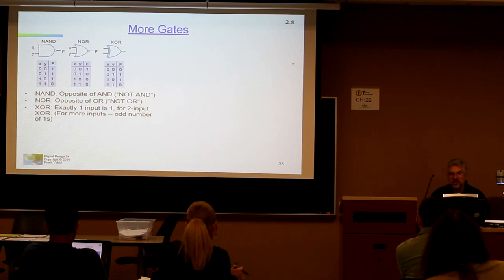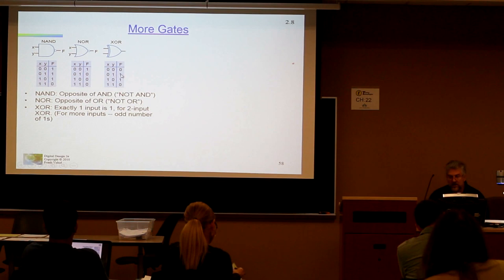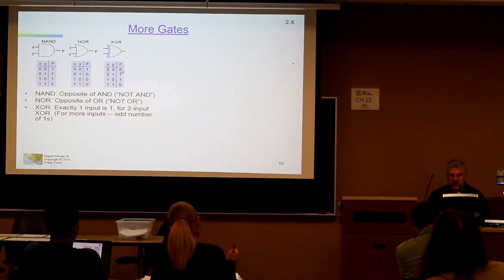There's also something called an exclusive OR. And an exclusive OR is interesting. If one, and exactly one, of your inputs is 1, then your output is 1. So for 0, 0, your output's 0, and for 1, 1, your output is 0.